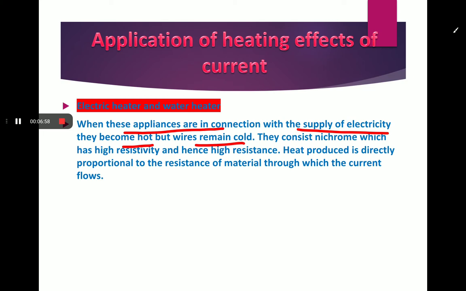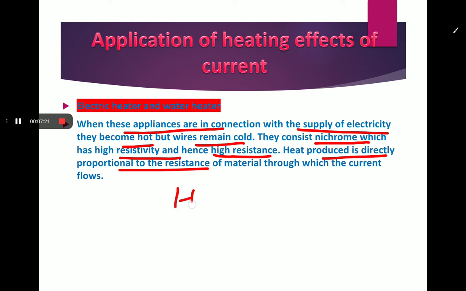These devices consist of nichrome wire, which has very high resistivity, and as it has very high resistivity, it means it has high resistance. So heat produced is directly proportional to the resistance of the material through which the current is flowing.